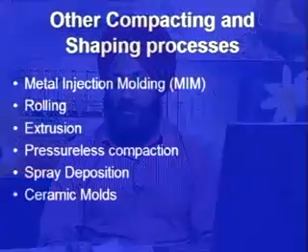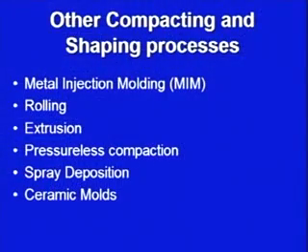So, there are other compaction processes as well. Just to name a few, these can be metal injection molding, rolling, extrusion, pressureless compaction, spray deposition and the use of ceramic molds. Metal injection molding is one of the most important processes that is used.